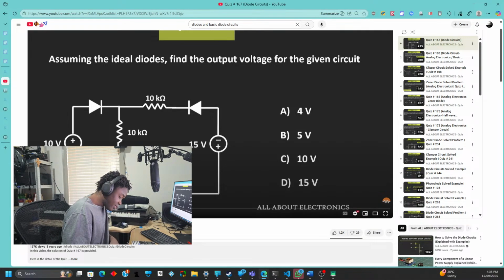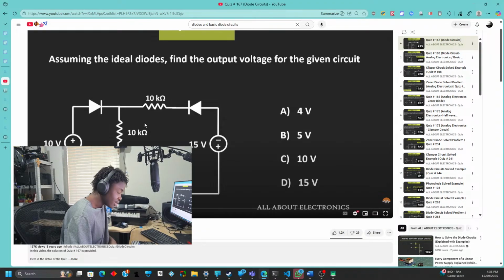We add that to the negative 15, that gives us minus 5 plus 1 minus V1 is equal to 0. Add that here. So I have minus 4 volts is equal to V1.